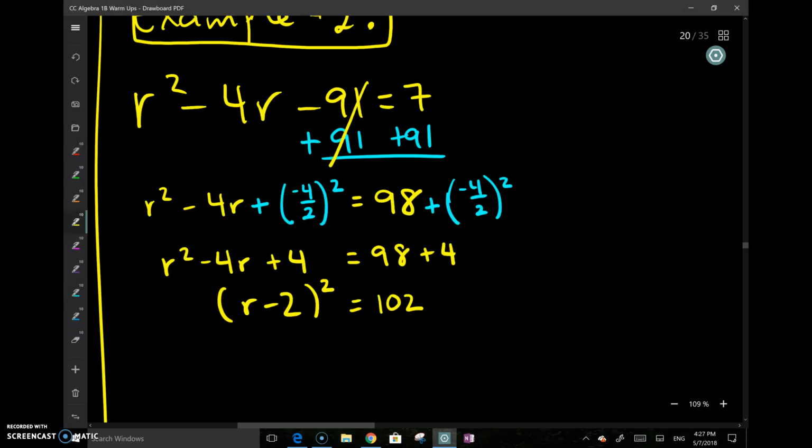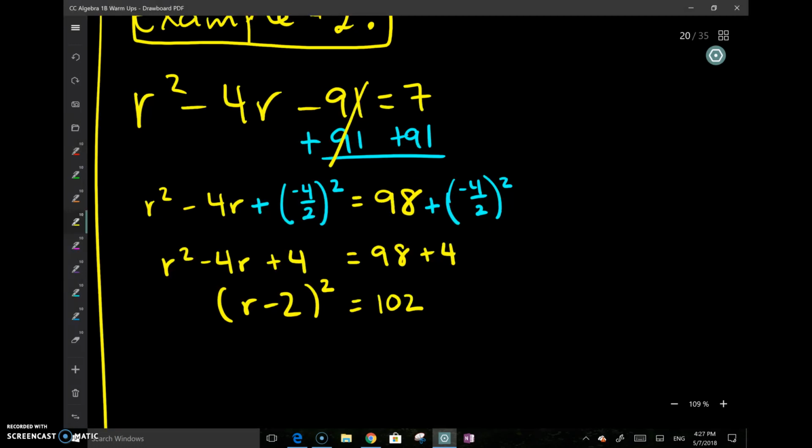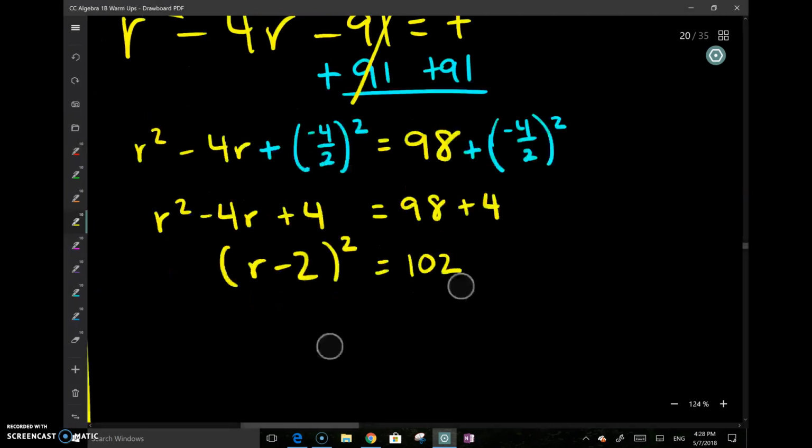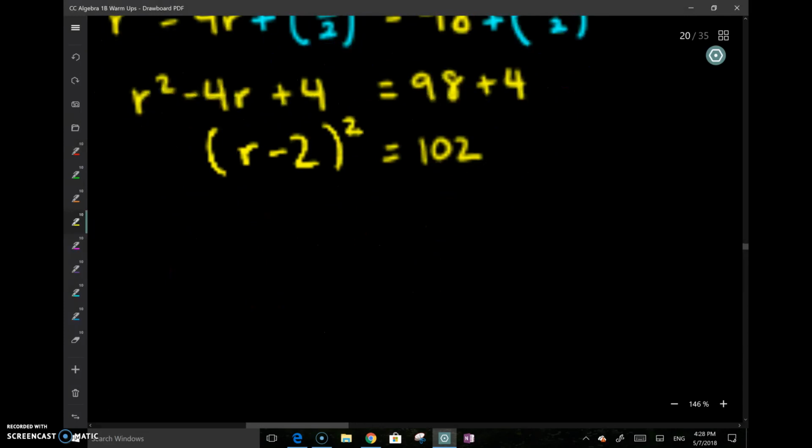That power of 2 indicates I have two binomials and they're each called r minus 2. And when multiplied, I get 102 as a result. So we need to find what value of r creates that setup. When you do the math in these parentheses and you square it, you get 102 as an answer.